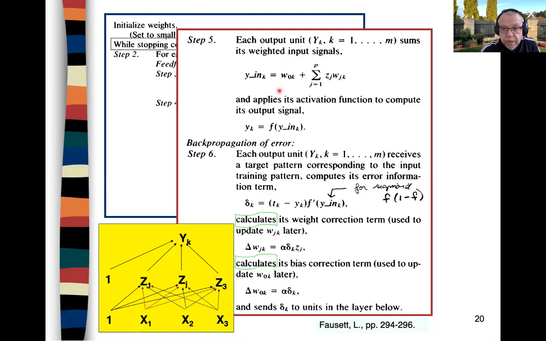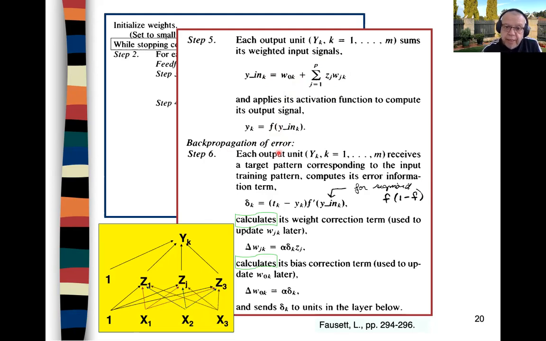So this is the activation y_in_k at node yk. Same thing, you apply an activation function, as I said, sigmoid or hyperbolic tan.